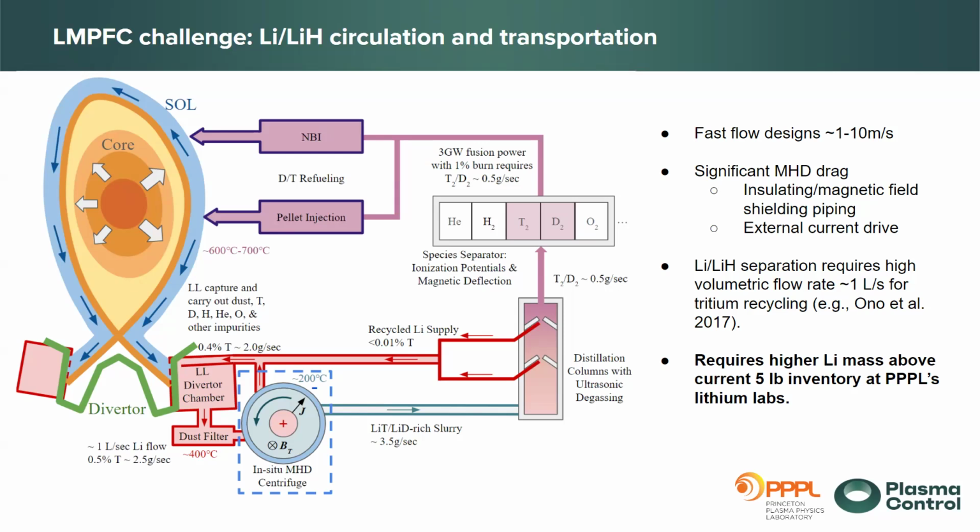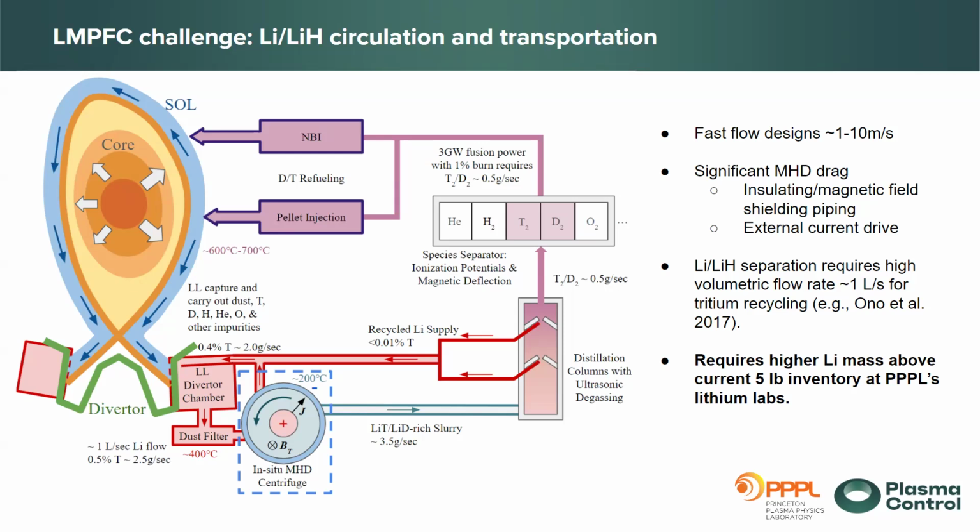So all these require a large quantity and also higher lithium mass flows in parallel in all of the system. No matter what design you have, we have to think about how you pump lithium in and out of the system. This is something that has to go with all the designs, no matter what we go with in the end.